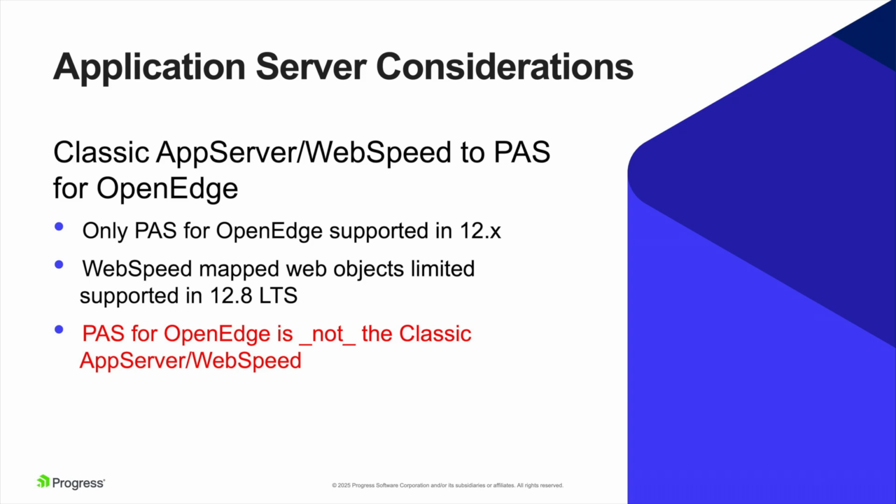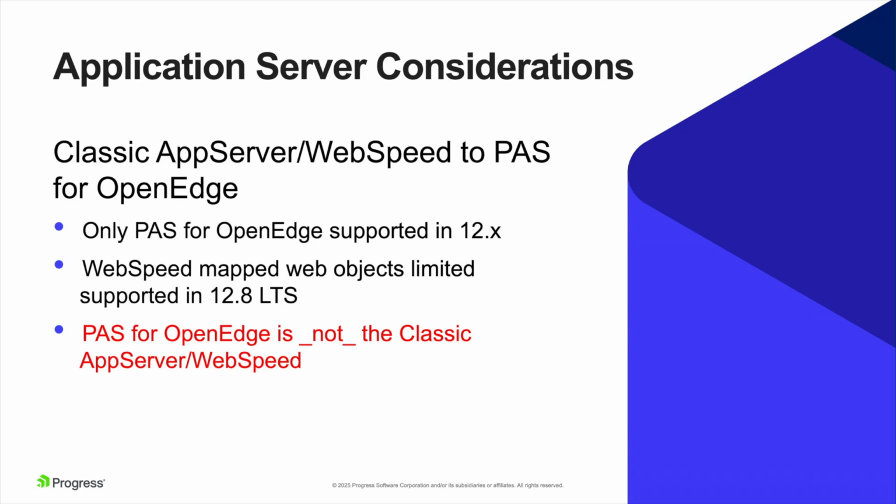From a web speed perspective, you can migrate web speed applications from Classic to PAS. They are fully supported. Embedded speed script is fully supported. The only caveat to that is if you're using an old paradigm called mapped web objects, they have to be more thoroughly looked at, and oftentimes they may require some application enhancements to make sure they're fully functional.